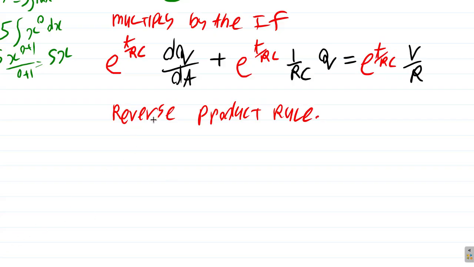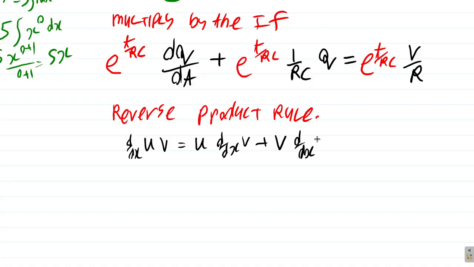Now, remember what the product rule says, that if you have two functions, u times v, when you differentiate the u times v, you hold u and find the derivative of v, plus you hold v as it is, times find the derivative of u.